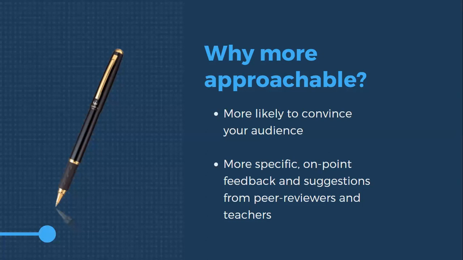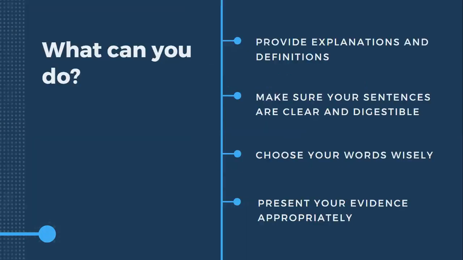So if you are able to help them understand the context, the background of your paper more, you are more likely going to receive more specific, on-point, and helpful feedback and suggestions from them during peer review sessions, which is why we want to have our paper to be more understandable, right?